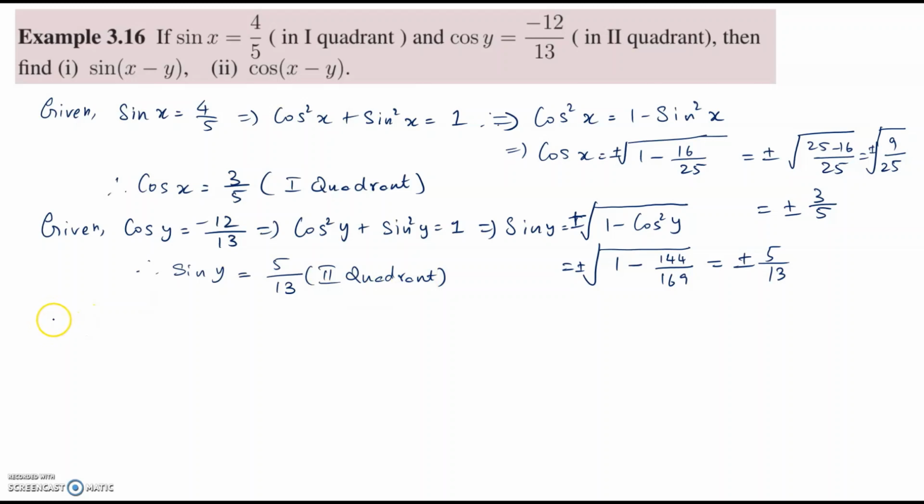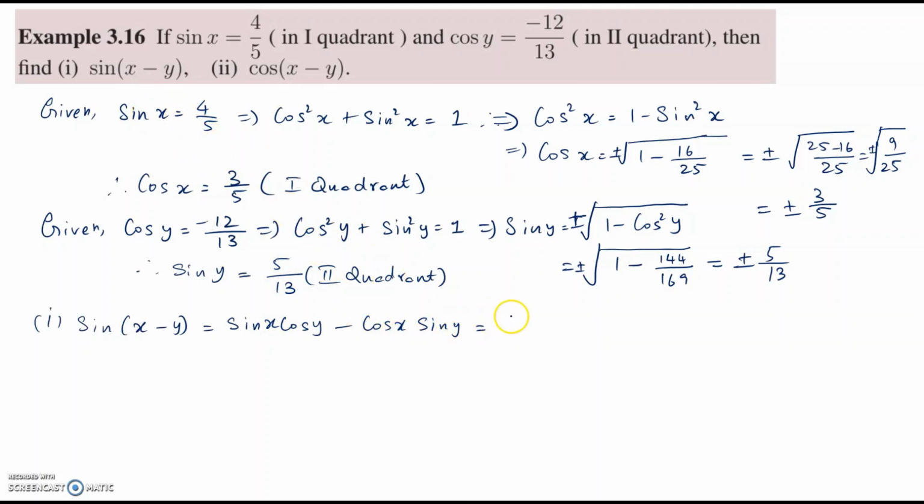Okay, so we need to first find sin x minus y, and the formula for sin x minus y is sin x cos y minus cos x sin y. Now let's replace all the values of sin x and cos y and cos x and sin y.